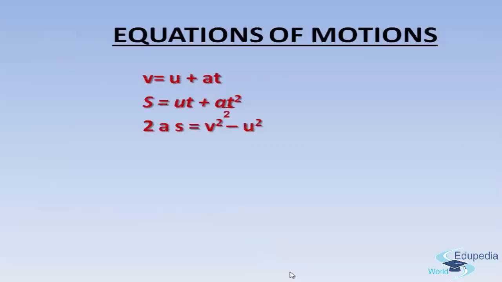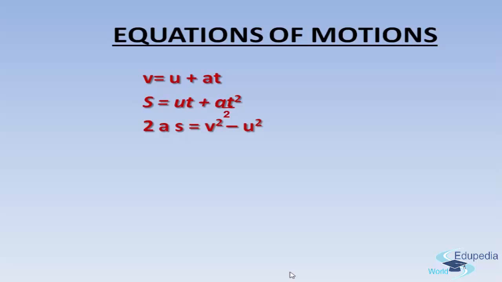So what we have now are the three equations of motion: V is equal to U plus AT, S is equal to UT plus half AT square, and 2AS is equal to V square minus U square. So any body which is in uniform motion or non-uniform motion will have to follow these equations of motion, right?